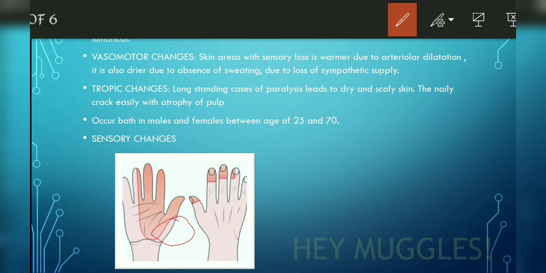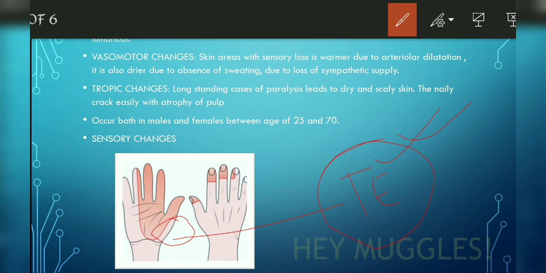This area is supplied by the palmar cutaneous branch of the median nerve, which passes superficial to the flexor retinaculum, that is, superficial to the carpal tunnel. Therefore, this area is not injured, and there is no sensory loss here.